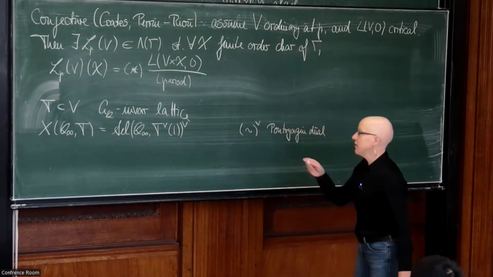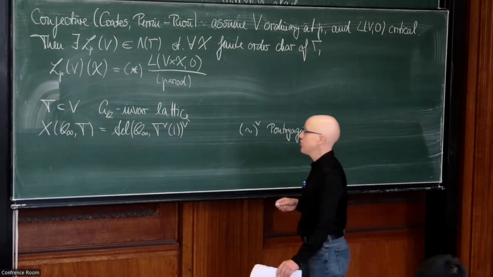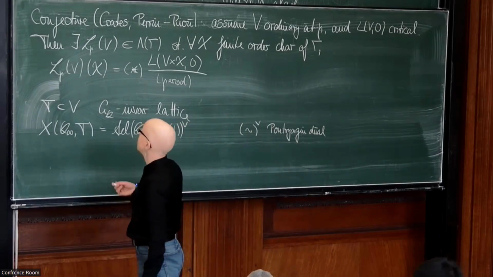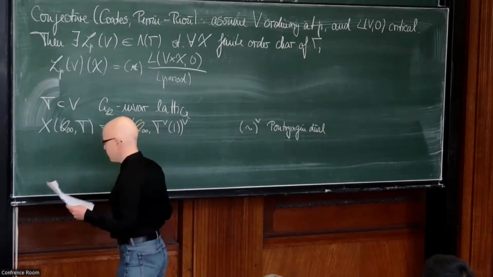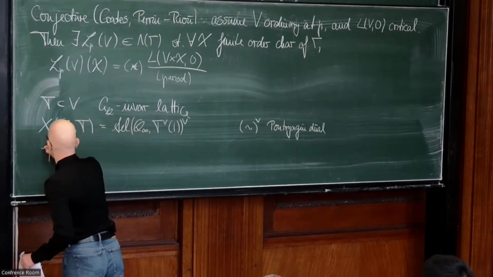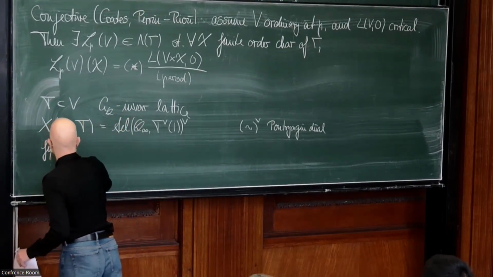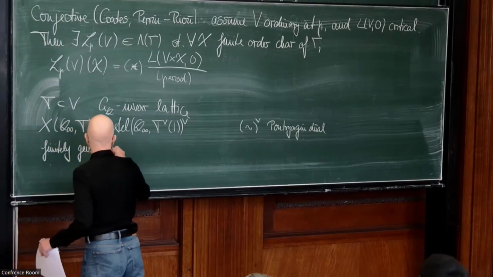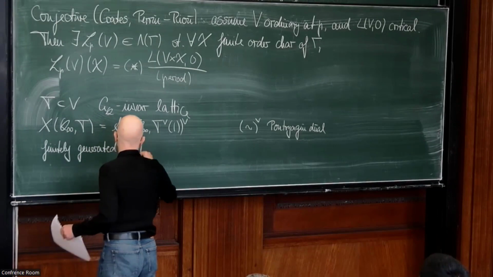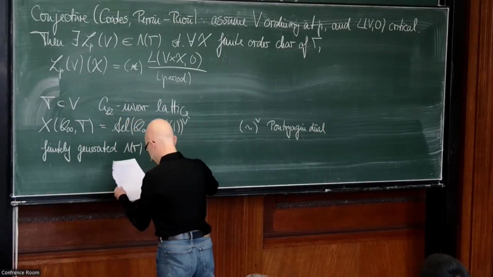Right, so this Selmer group has the structure of a module over the Iwasawa algebra, and it is in fact a finitely generated module over the Iwasawa algebra.